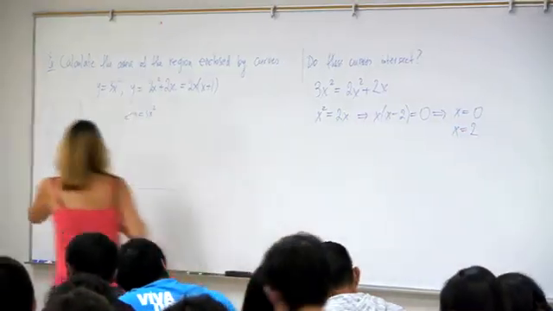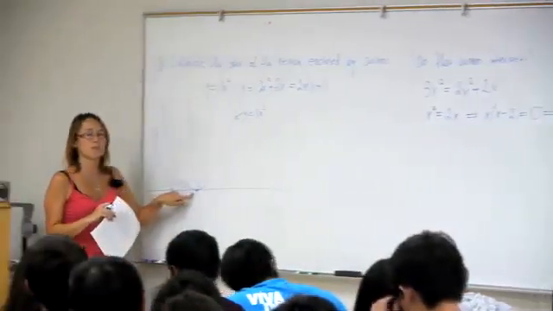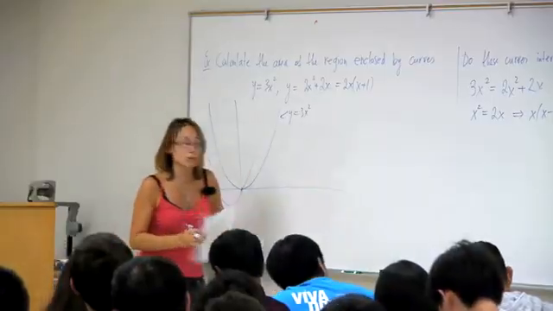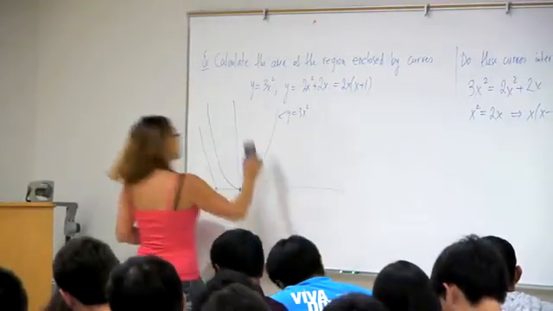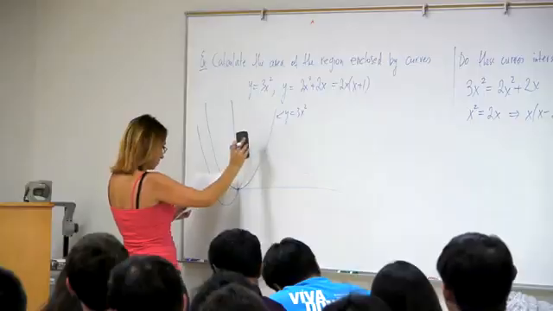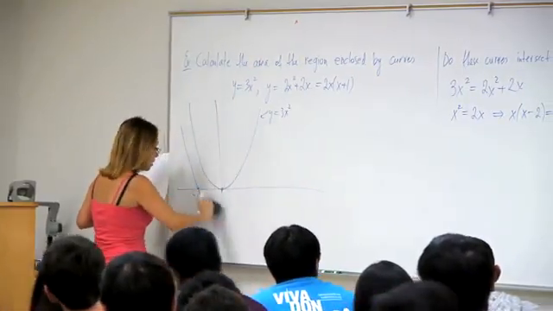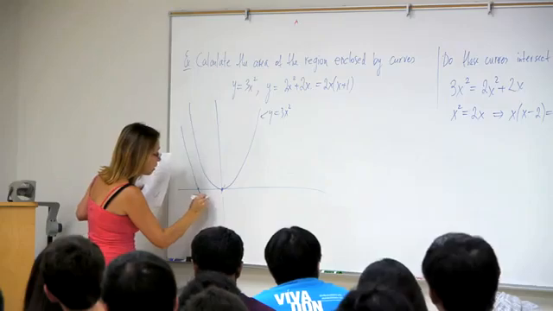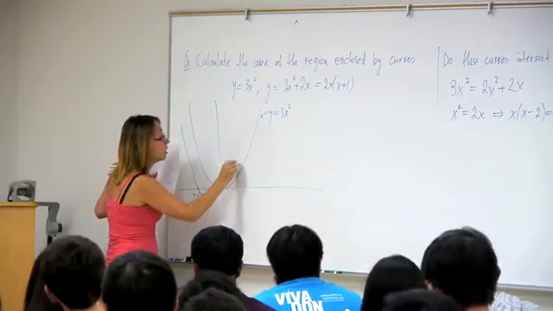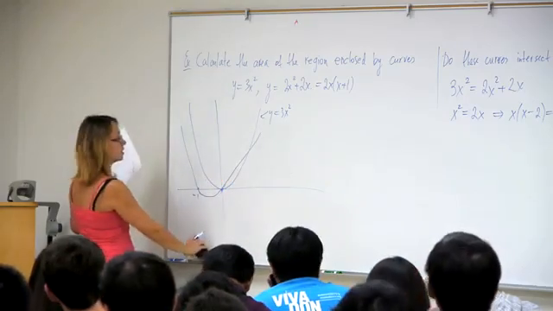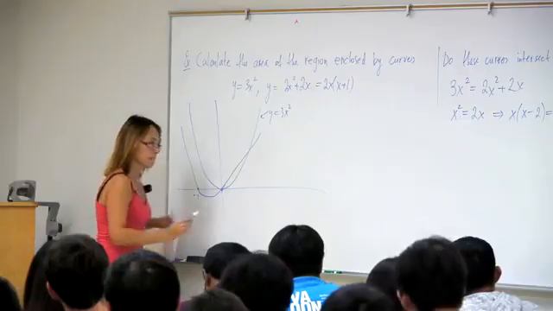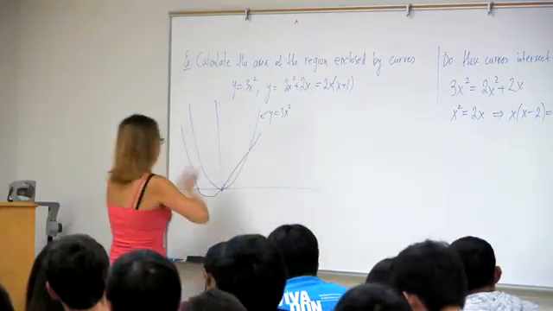I already figured out that they do intersect at 0. And it turns out there's another point of intersection of the two curves. Makes it hard to draw, but I will draw it. Sorry, let me just do it better.